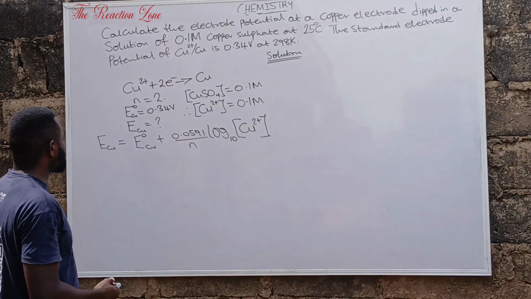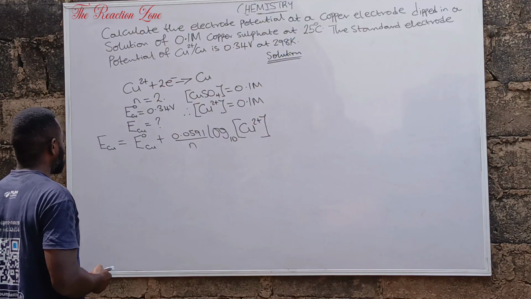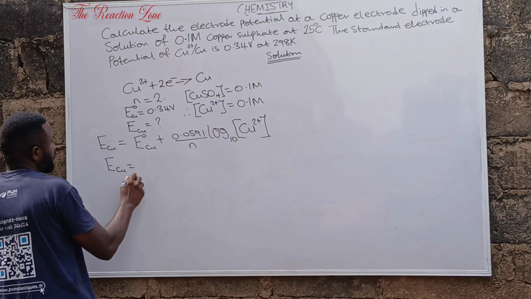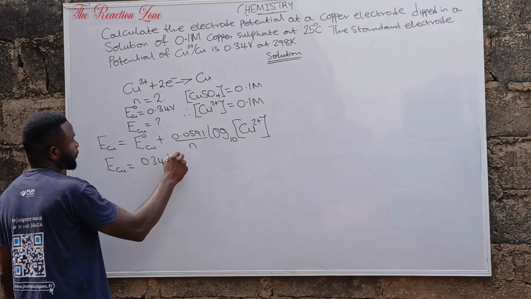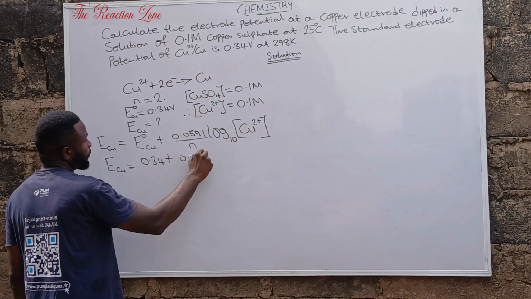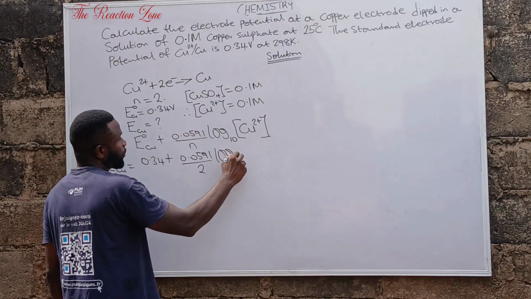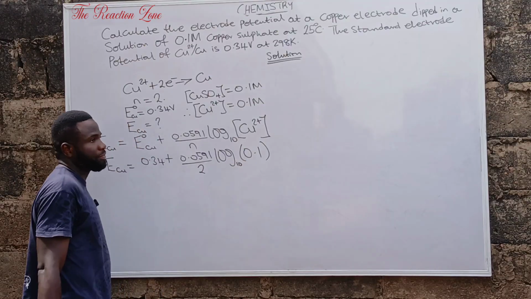Now, we can actually find the value of the electrode potential of copper. So the electrode potential of copper is simply going to be 0.34 plus 0.0591 divided by 2 log 0.1 base 10.